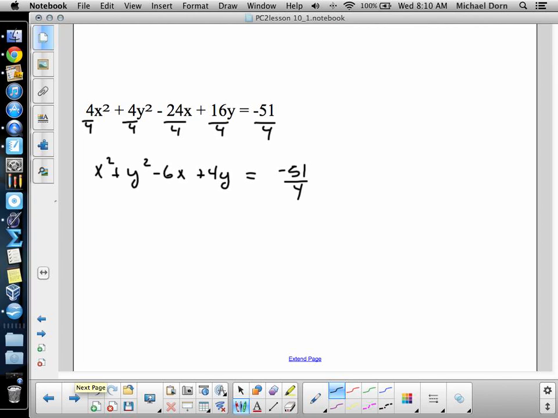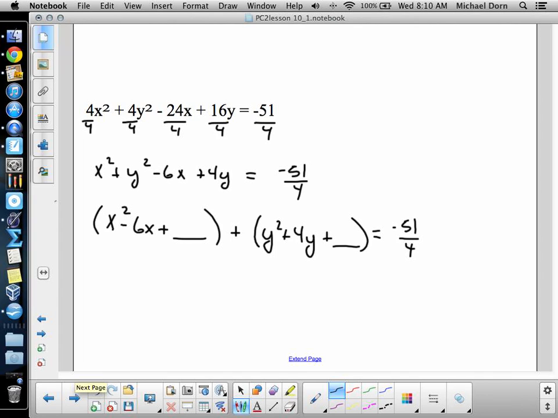Now regroup it. x squared minus 6x plus blank, plus y squared plus 4y plus blank equals negative 51/4. Well, half of negative 6 is negative 3. Negative 3 squared is 9. I'm going to add 9 to both sides. 9 is 36/4.